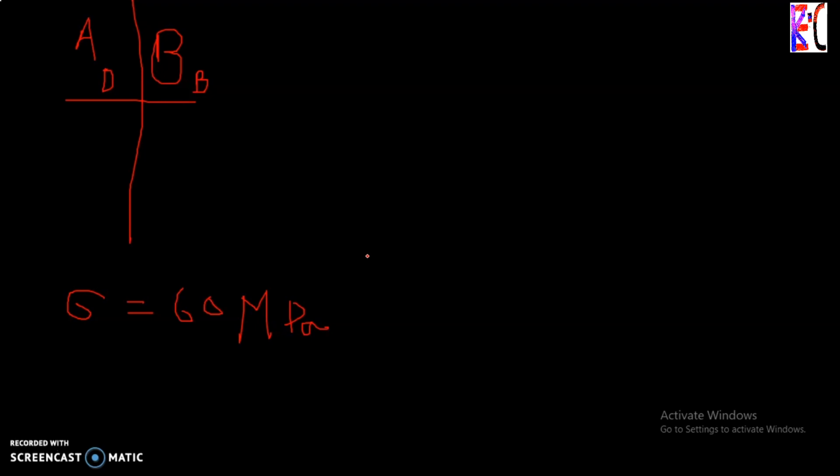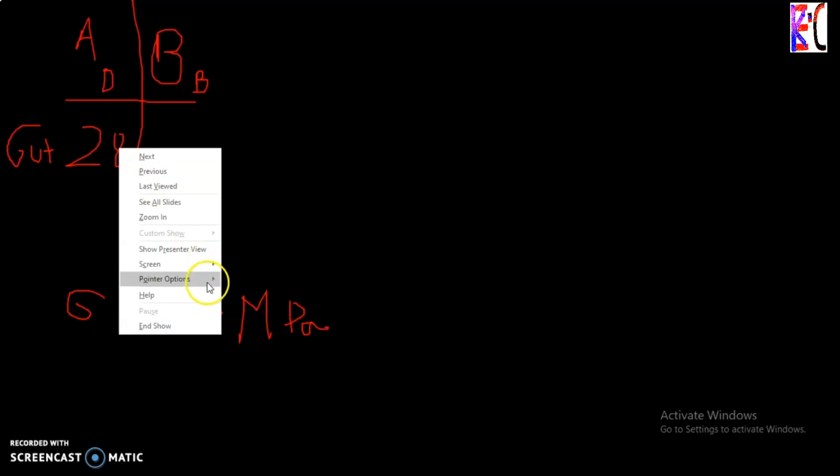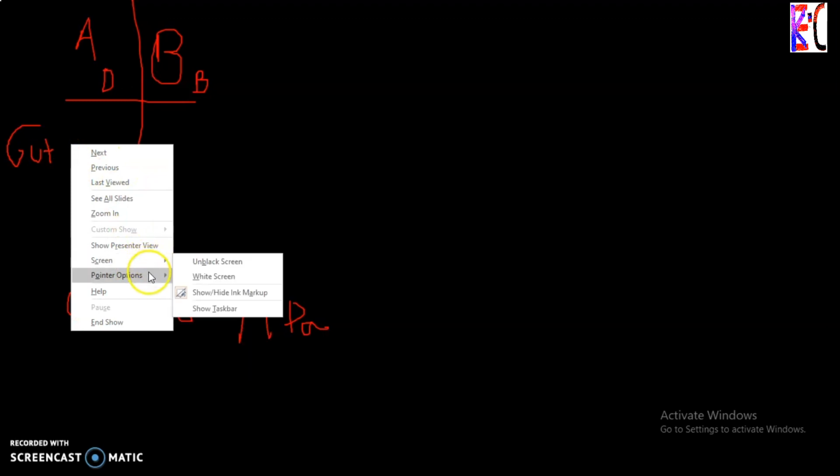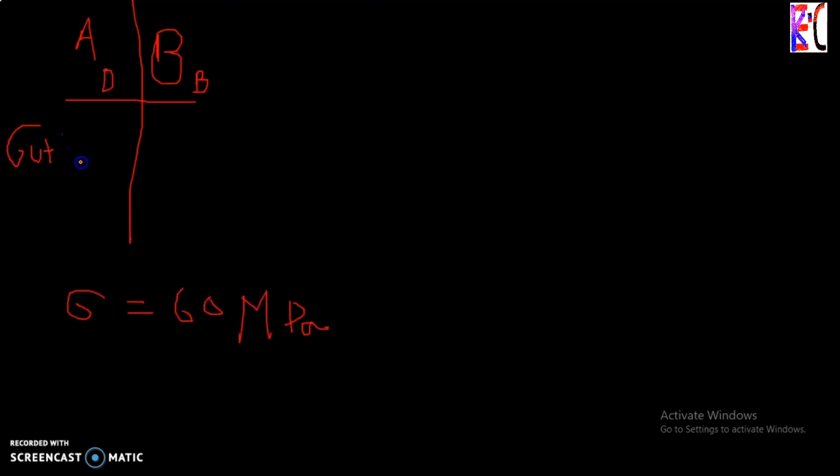So let us consider sigma ut. The sigma ut for ductile material is 280, and for the brittle material is 190.